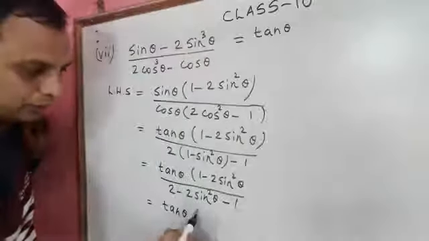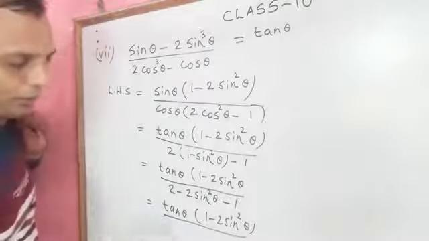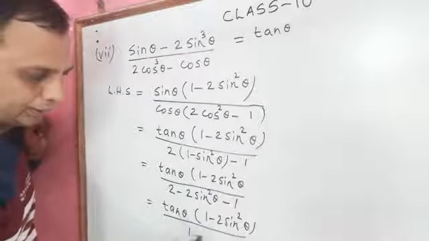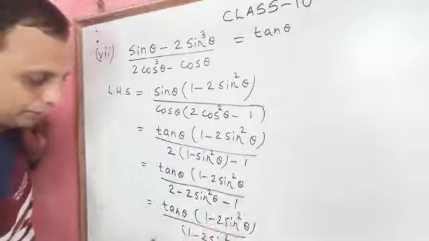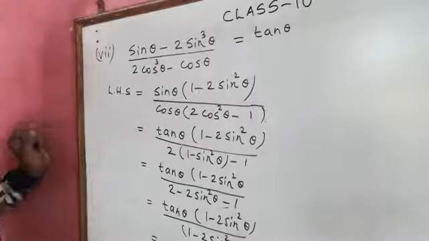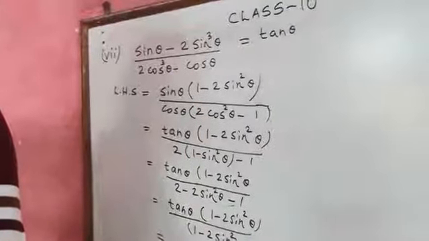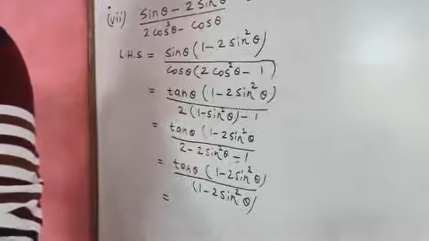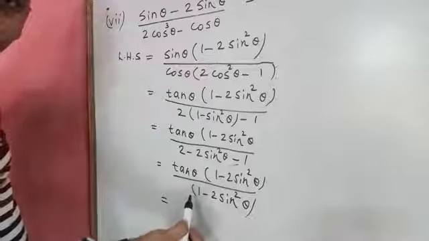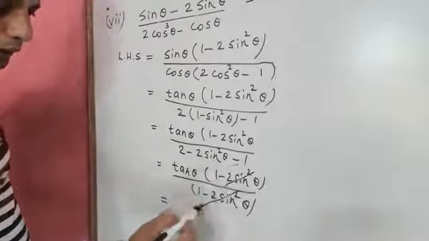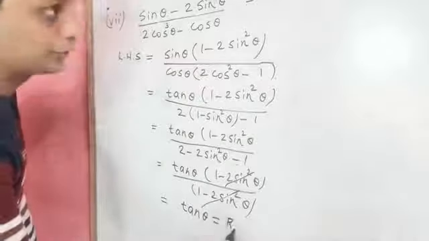So we have tan theta times (1 minus 2 sin square theta) upon (1 minus 2 sin square theta). This cancels, so it will be tan theta, which is equal to RHS.